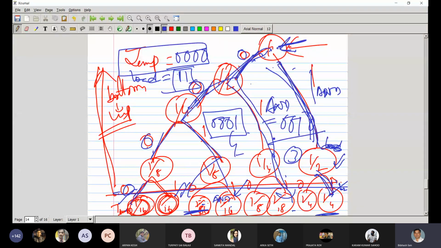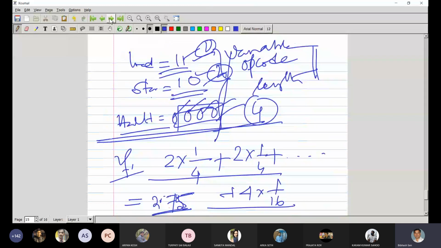So according to the different frequency, a different length of the opcode will be generated. Multiply the opcode length with their frequency, you will get the LiFi. Is this part clear or not clear? Finally you get LiFi, and I apply the summation of LiFi, so you will get 2.75.